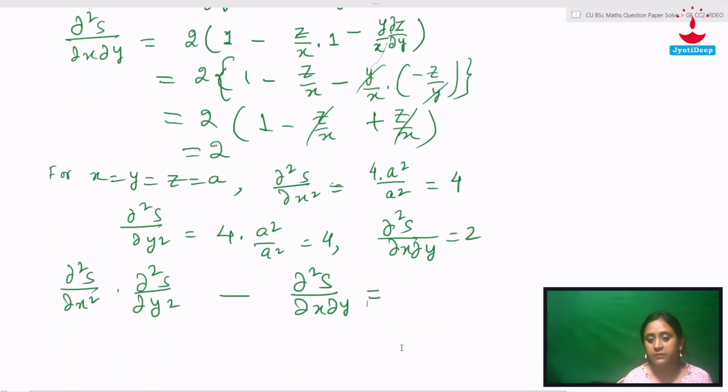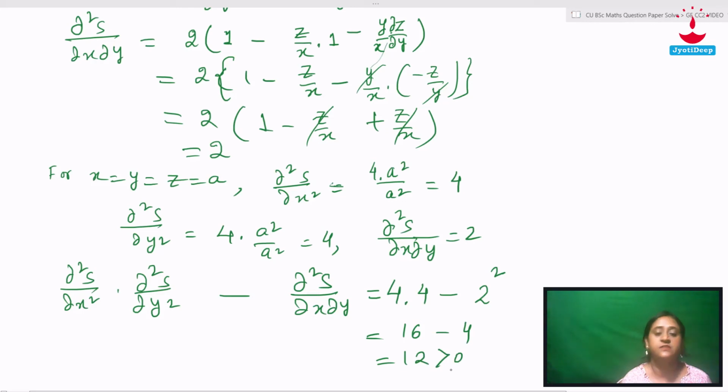Del 2s by del x square 4, del 2s by del y square at x is equals to y equal to z equal to a. All the values are at this point. 4 into 4 minus, that is del 2s by del x del y, 2 square. So we are going to get 16 minus 4. This is equals to 12 greater than 0.